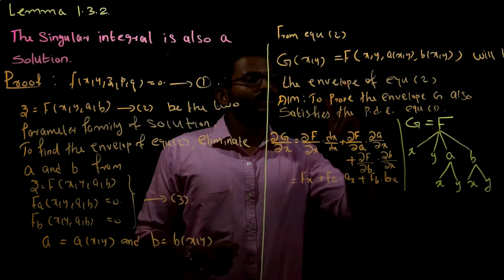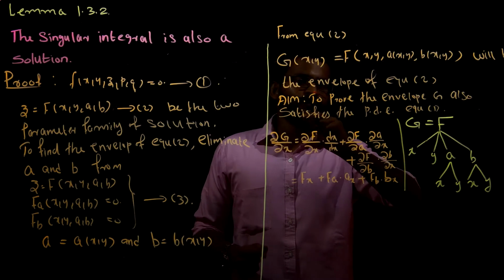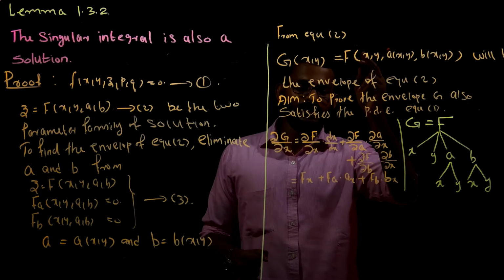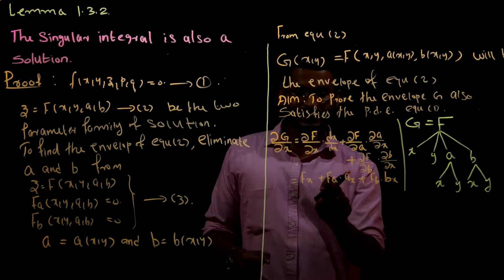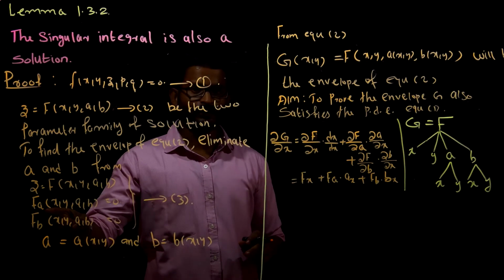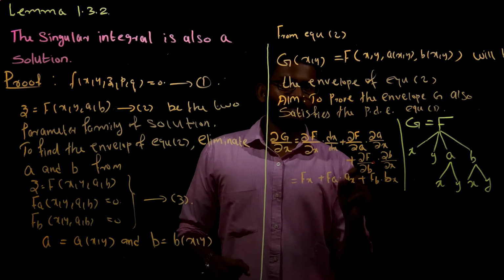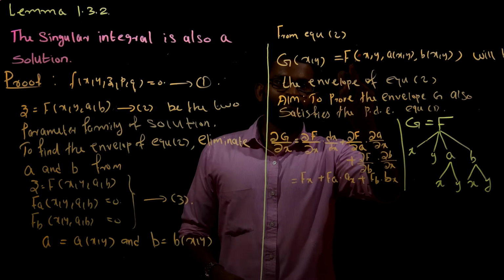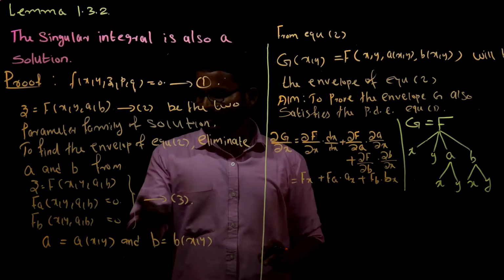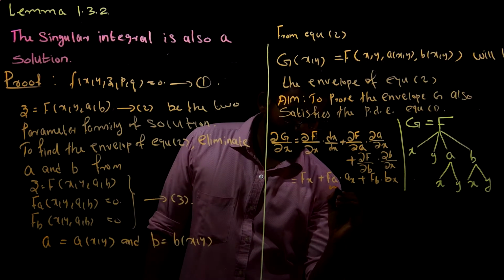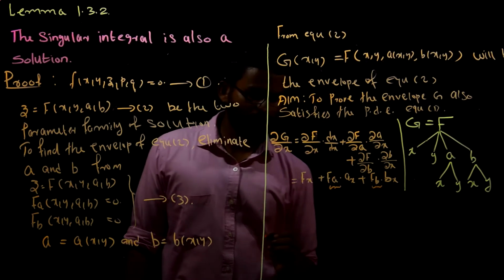And we know G is the envelope. Since G is the envelope, this Fa should be 0 because of equation number 3. Not only that, this Fb should be 0. That is, if G is the envelope, then by equation number 3, Fa equal to 0 and Fb is equal to 0.